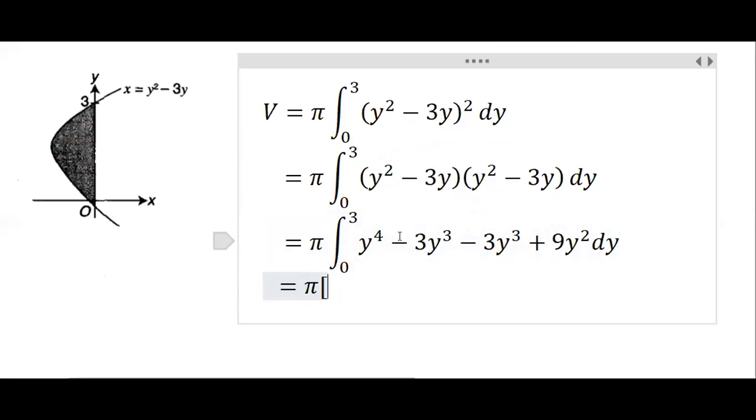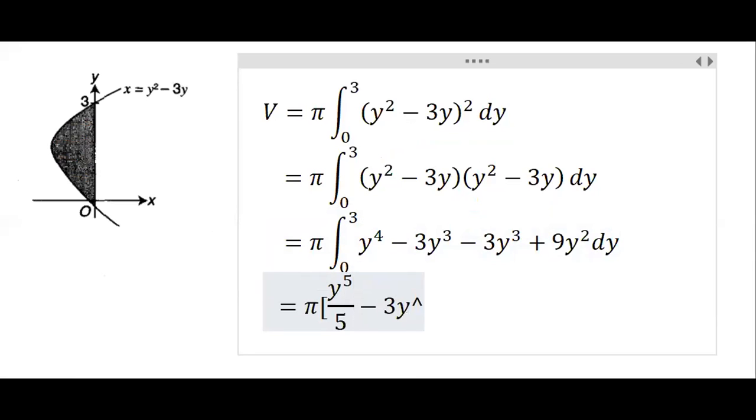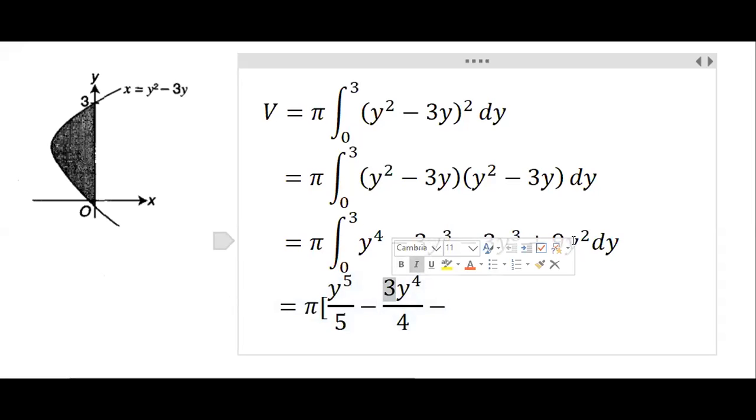Okay, let's do some expansion here. Integration here. Pengamiran. Y4 become what? Y berapa? Y4 become y5 per 5. Okay, minus 3, y cube become y 3 jadi 4, per 4. Then, actually ada 2 kali kan? Why not we just join together? Negative 3, negative 3, negative 6.